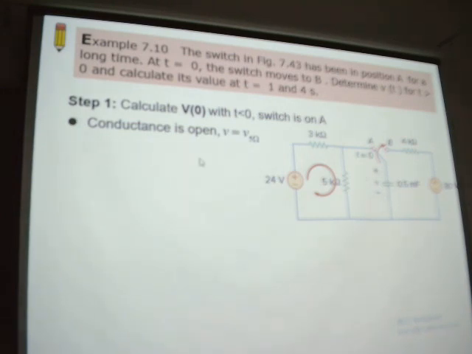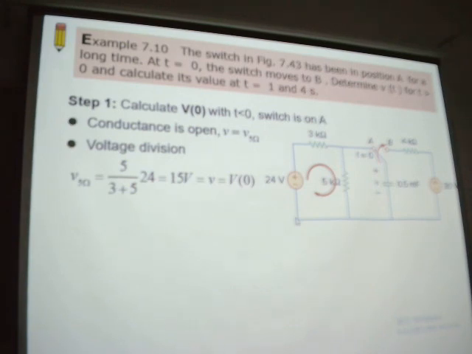So actually, our V is equal to the voltage across the 5 kilo ohm. And now you will see this circuit is a simple voltage division circuit, right?